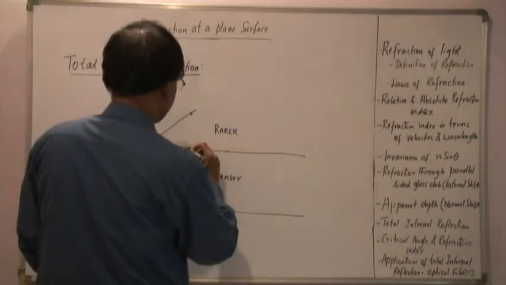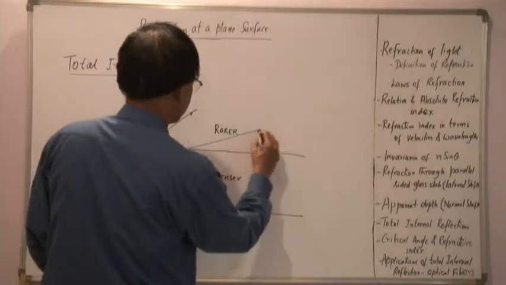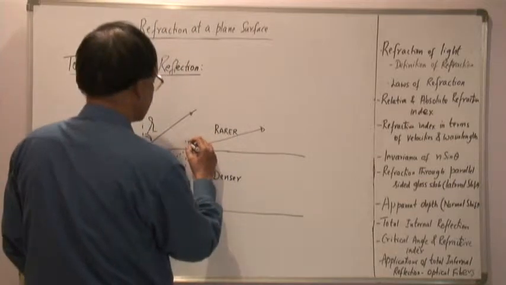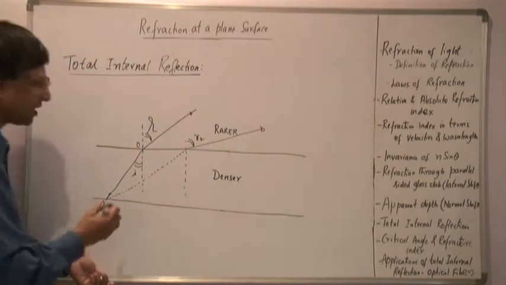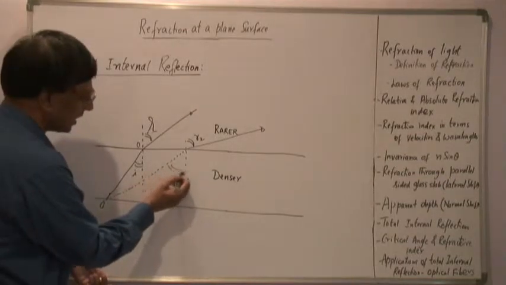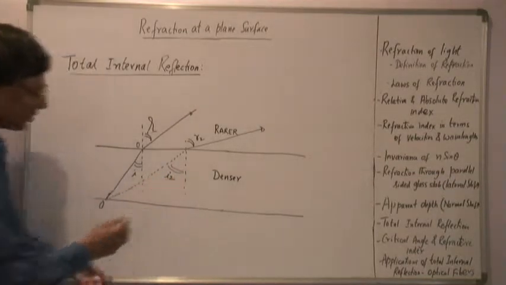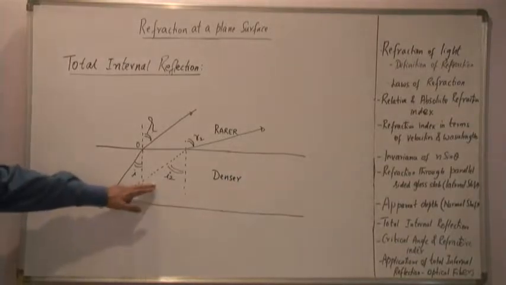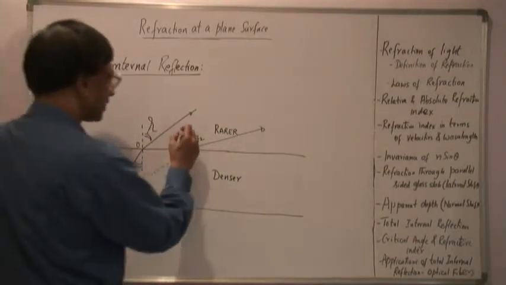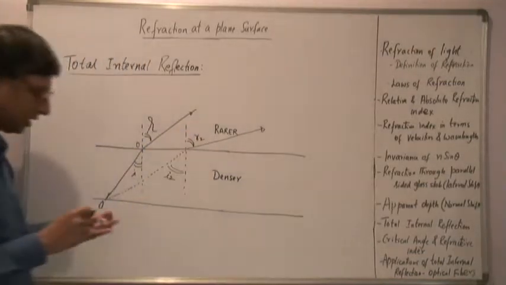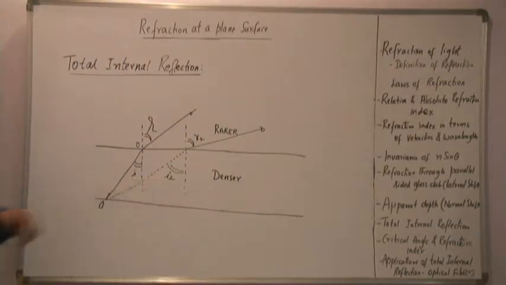Now this angle of refraction, R2, is going to be much larger because this angle of incidence is larger now. So larger the angle of incidence, larger is going to be the angle of refraction, and the angle of refraction is greater than the angle of incidence.